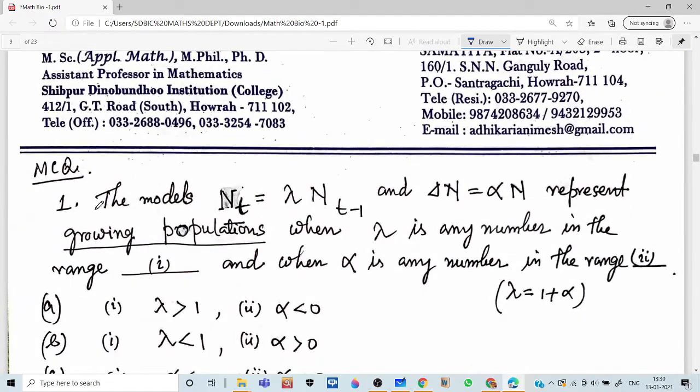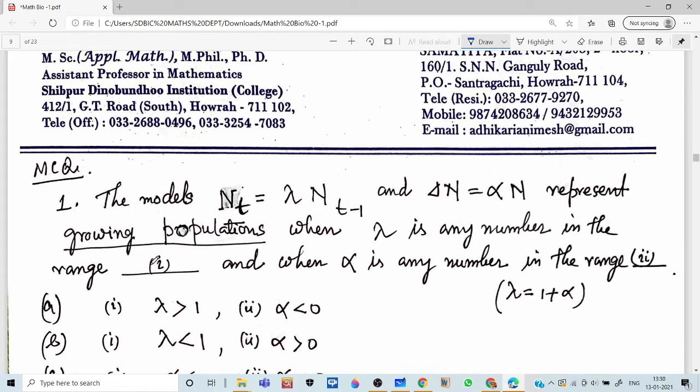Now we have some MCQ. The model n(t) is equal to lambda n(t minus 1) and delta n is equal to alpha n represents growing populations when lambda is any number in the range 1 and when alpha is any number in the range 2.